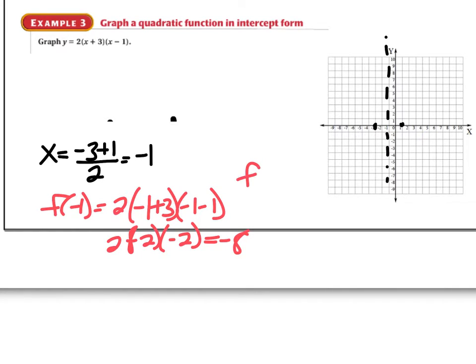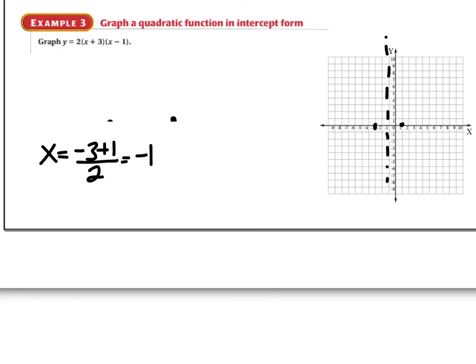Now that is a coordinate pair for your vertex that lies on your axis of symmetry. And so you have -1, and then you go down to -8, and your vertex is located down there. And remember to check for yourself that my parabola better be opening up, because that value of A is positive. And so from there, you can simply draw your parabola.